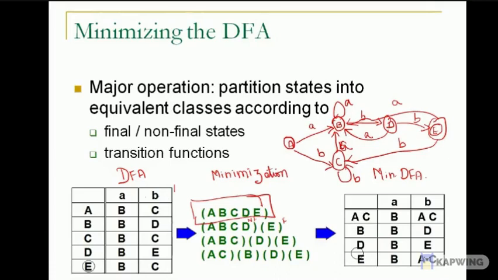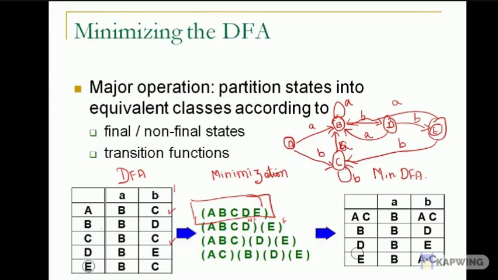Now, if you see the transitions, A has a similar transition, B and C, right? Similarly, C also has the same transition to B and C on input symbols a and b. So we can combine A and C. When you combine A and C, you get this as a new group.